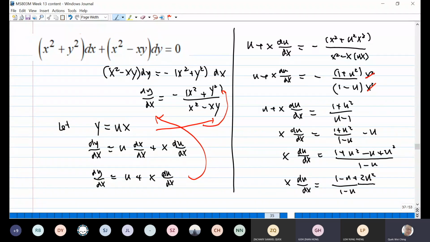So no wonder. This one should be u minus 1. So this one changed already. So u minus 1 again.